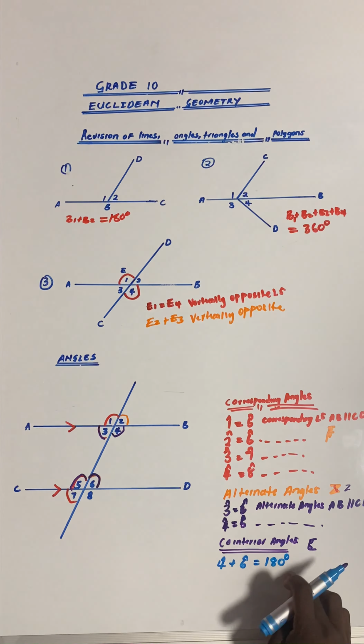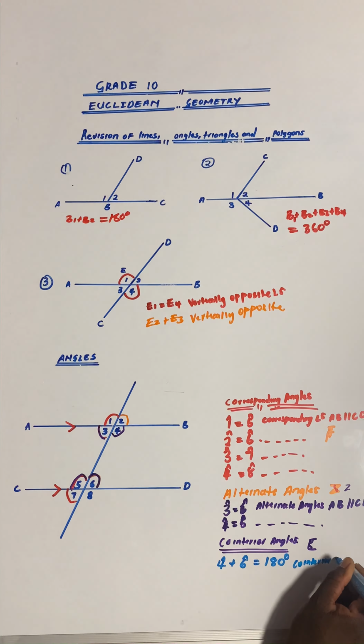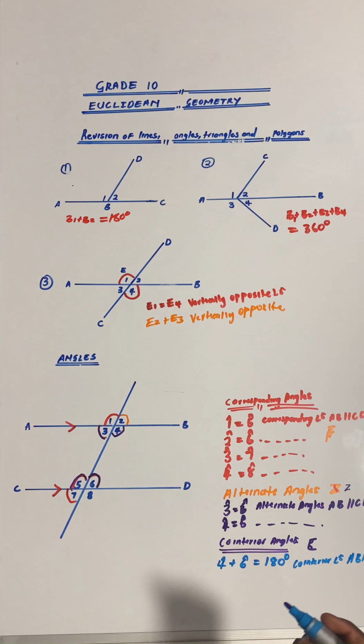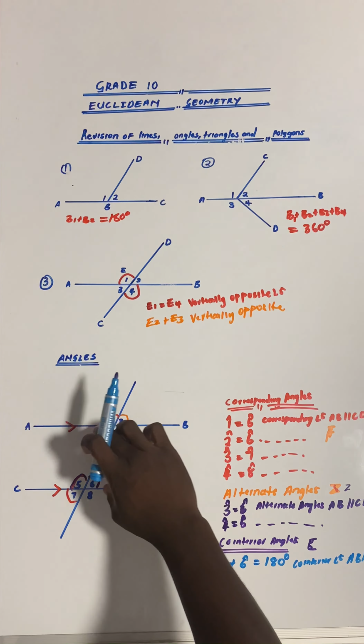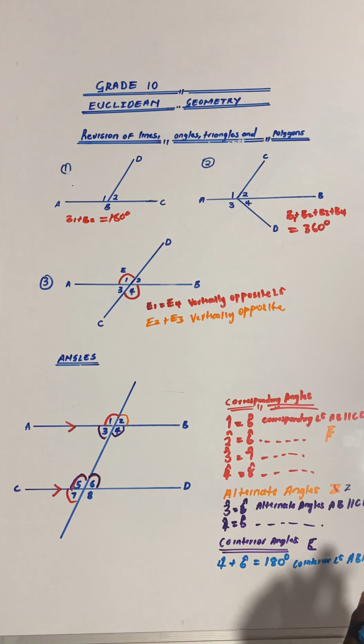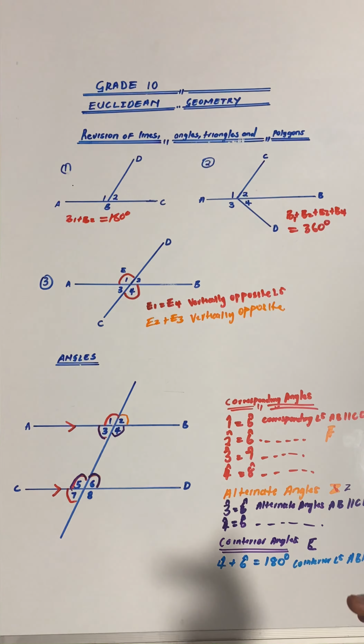Why? These are co-interior angles. Are we done here? No, we need to go on and say AB is parallel to CD, because for us to have co-interior angles, the first requirement is that we must have parallel lines. So please, guys, don't leave out this reason. I hope this is making very clear sense to you.